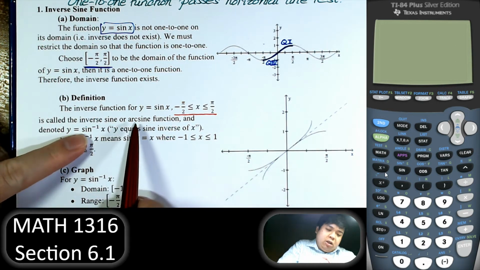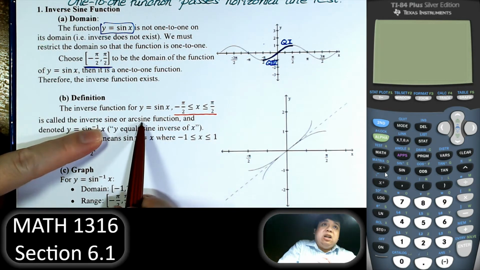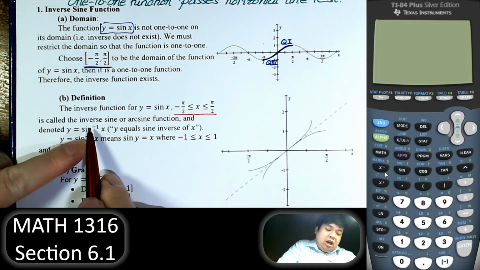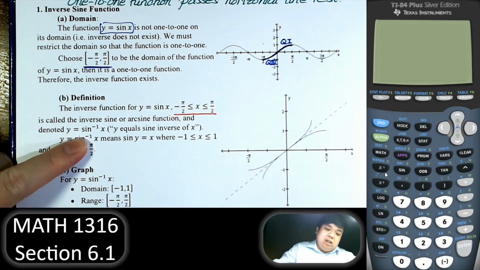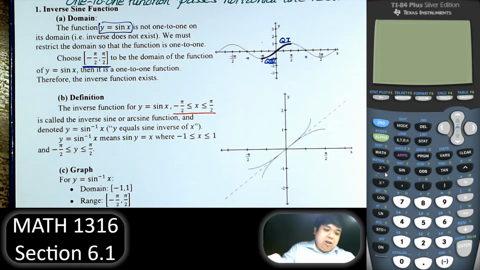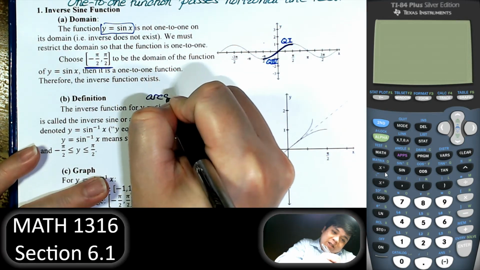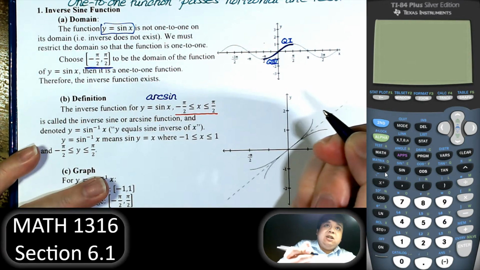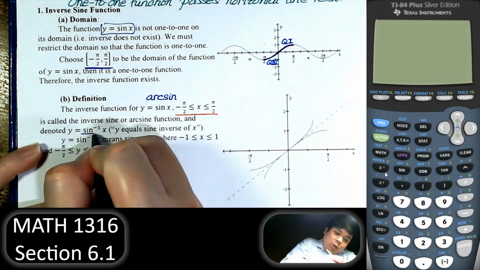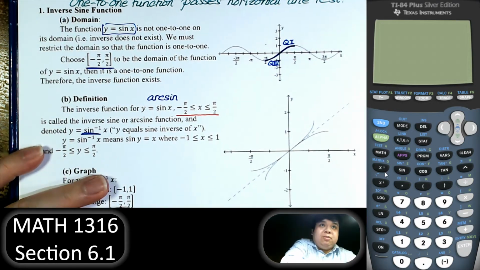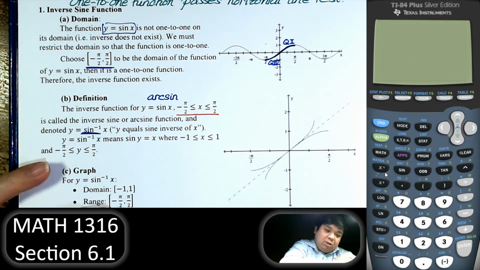Some other books use arcsine. In this book we just use sine to the negative 1, sine inverse.